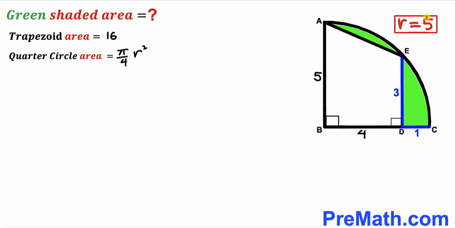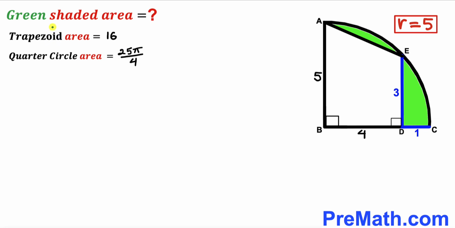We know r is 5, so I substitute 5 over here. We write pi divided by 4 times 5 whole square, which gives us 25 pi divided by 4 square units. So the area of the quarter circle turns out to be 25 pi divided by 4.